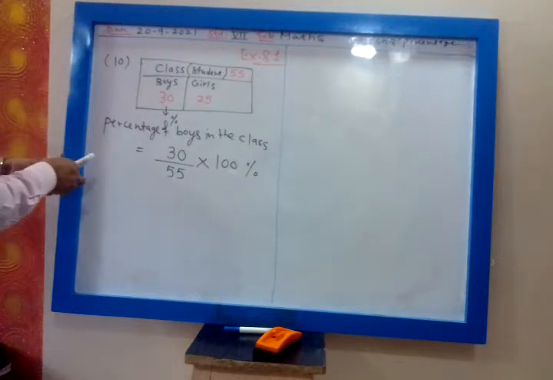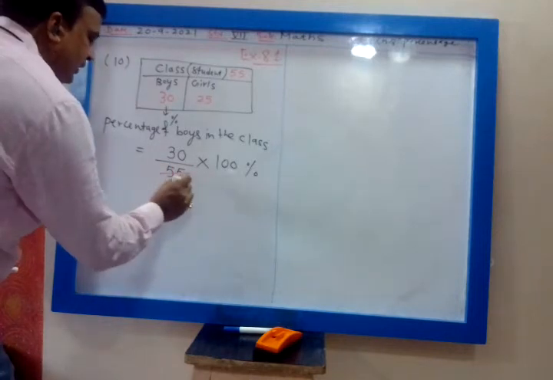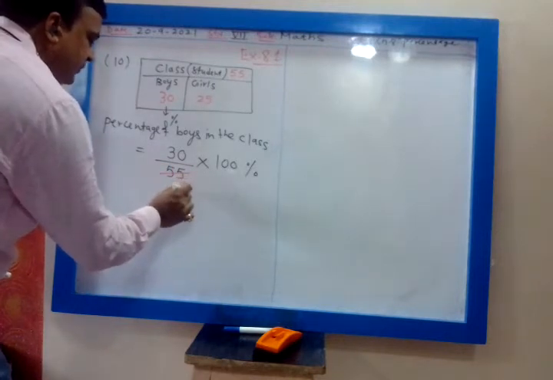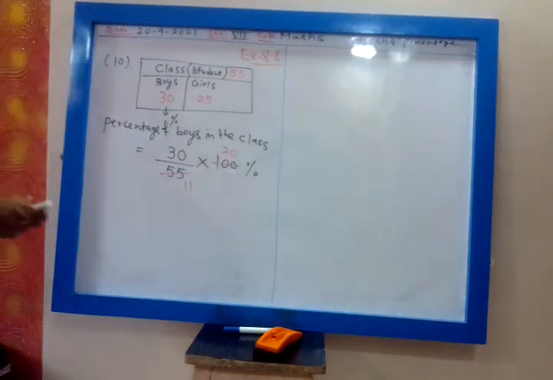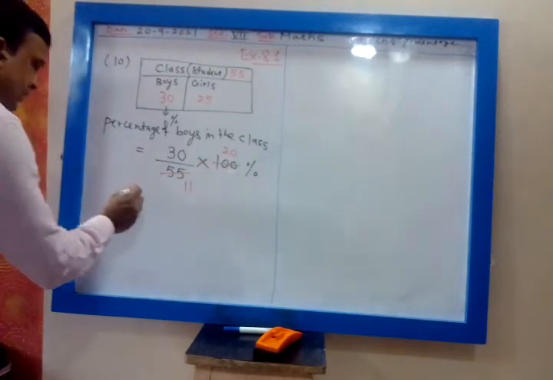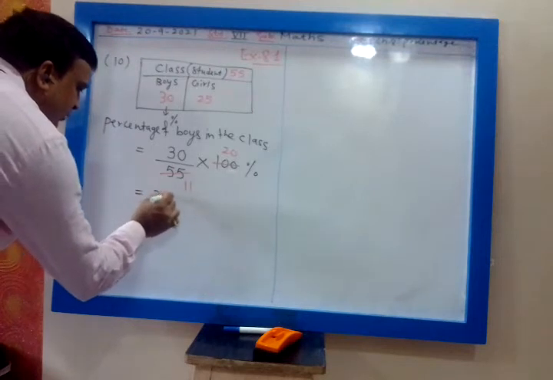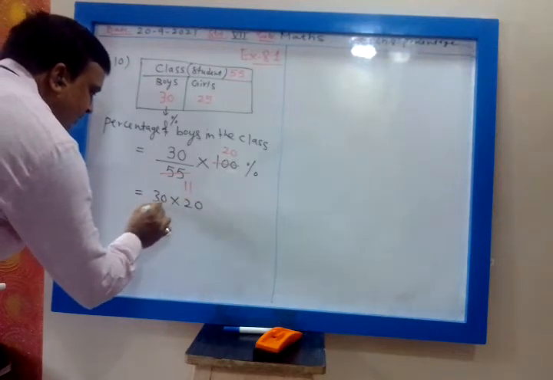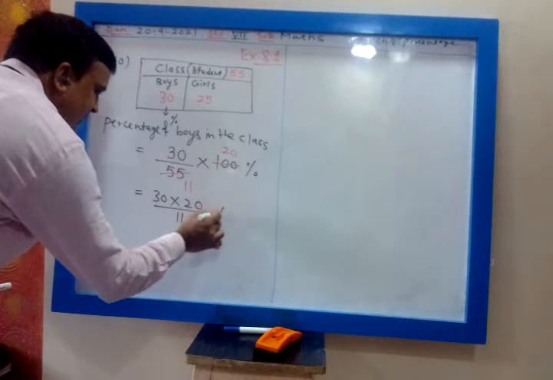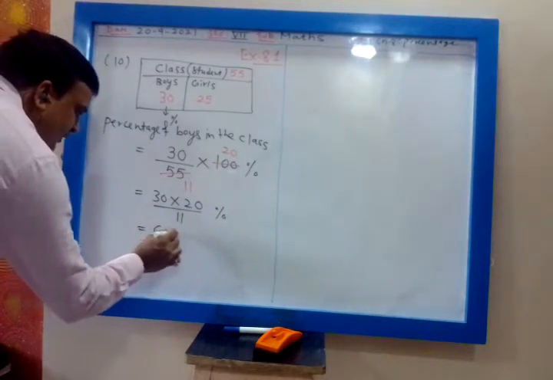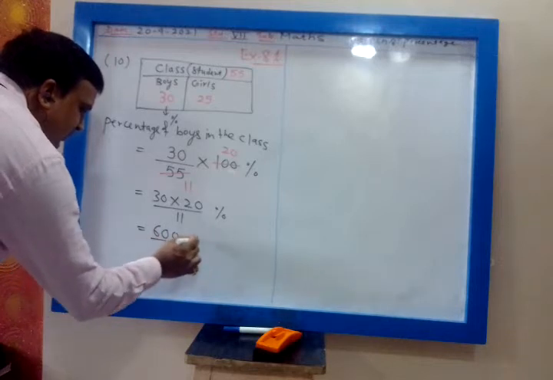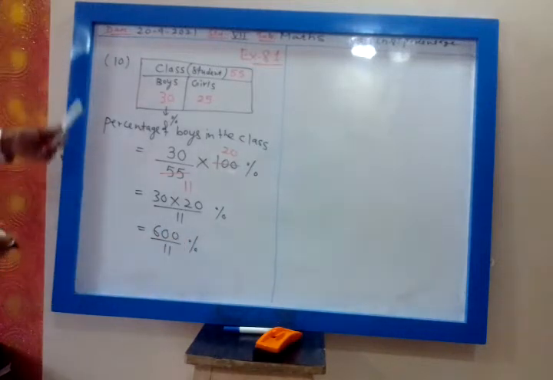You can cancel 55: 11 fives are 55, and 20 fives are 100. So now this will be 30 into 20 upon 11%. 30 into 20 is 600, so 600 upon 11%.